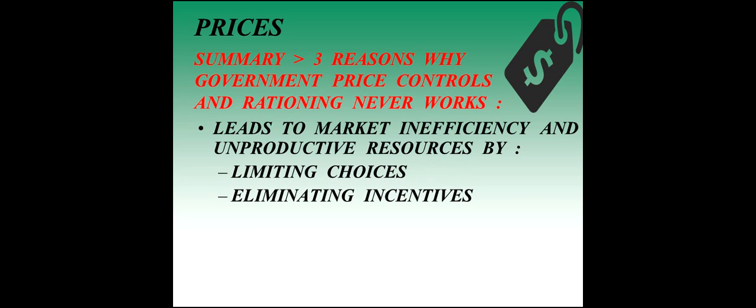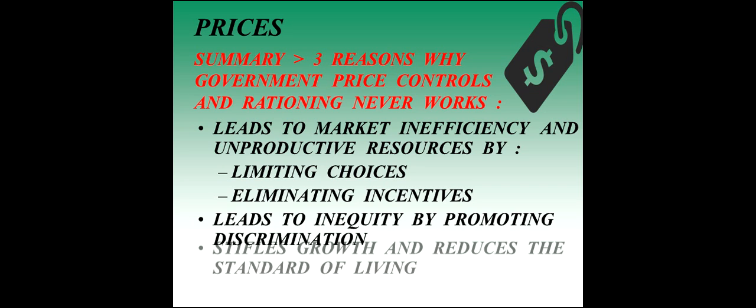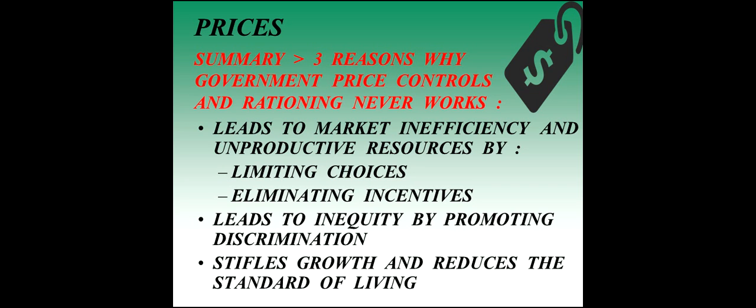The second is by eliminating incentives for businesses to invest in their business and industry and help grow the economy. Secondly, price controls lead to inequity by promoting discrimination among the groups that the price controls are actually intended to help. And third, price controls stifle economic growth and reduce the standard of living for our society.